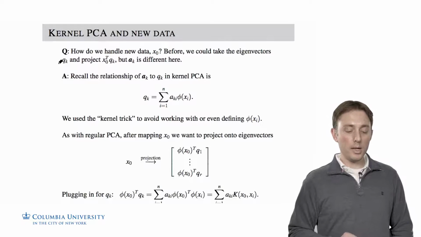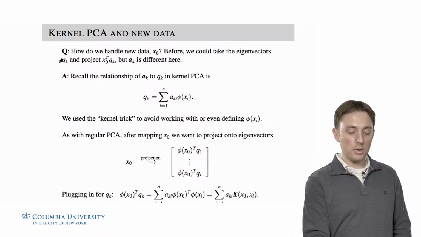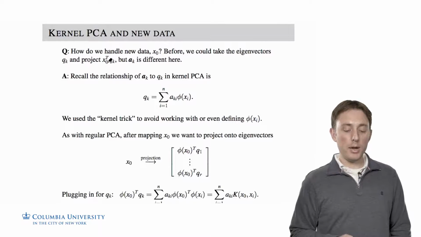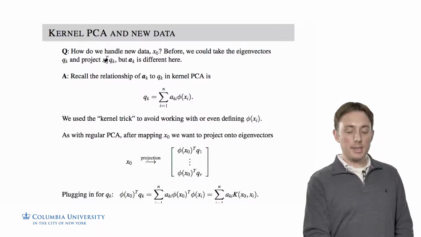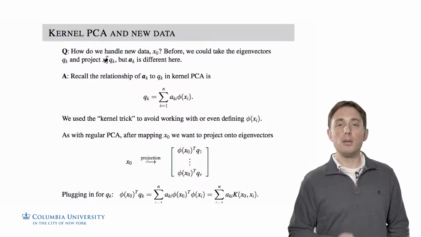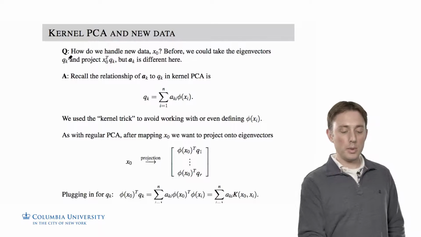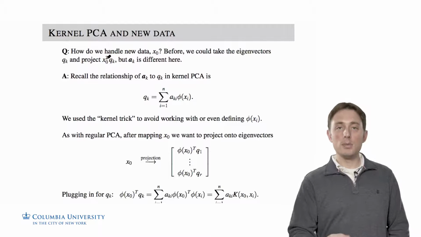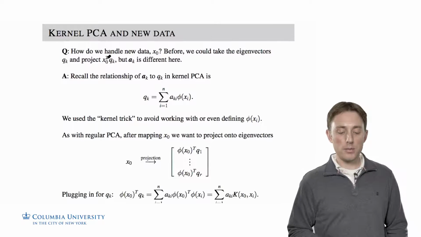For example, if we wanted to project using the kth eigenvector qk, we simply took the new data point x0 and multiplied it by qk, and that's now equal to the kth dimension of the lower dimensional projection. And so we had k equals 1 to r. We did that dot product r times. That's our r dimensional projection.